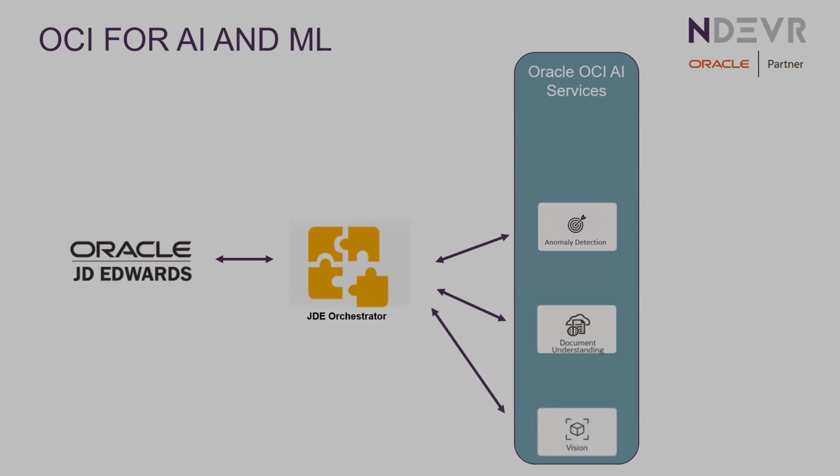The vision models, they could be used for product defect identification. Again, could interface to JD Edwards to take appropriate action if a defect is detected.